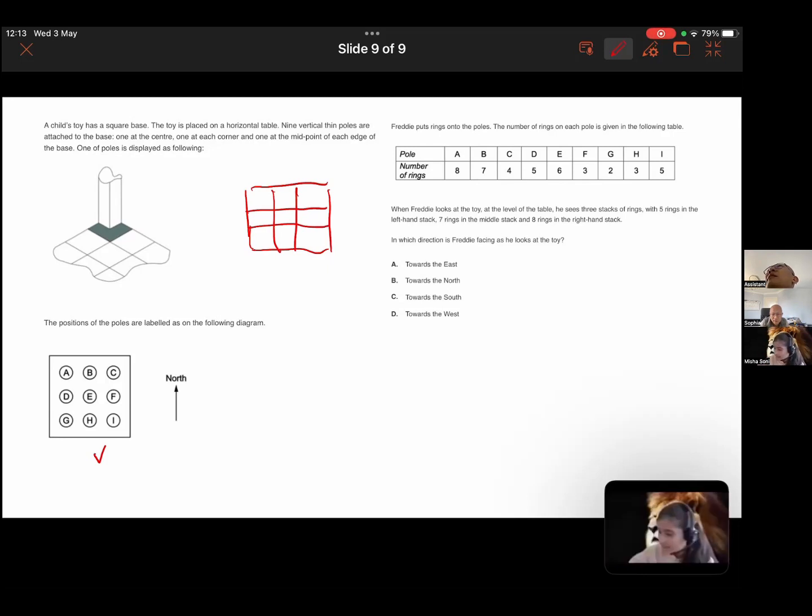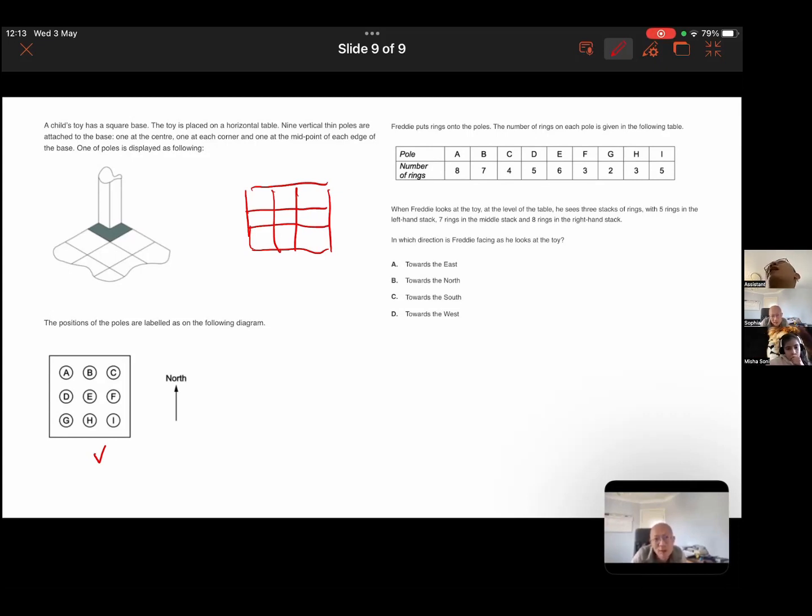But wait, one of the poles is displayed as the following. I don't get this diagram. What does it symbolize? They put the square on the surface of the table, and one simple pole sticks out.